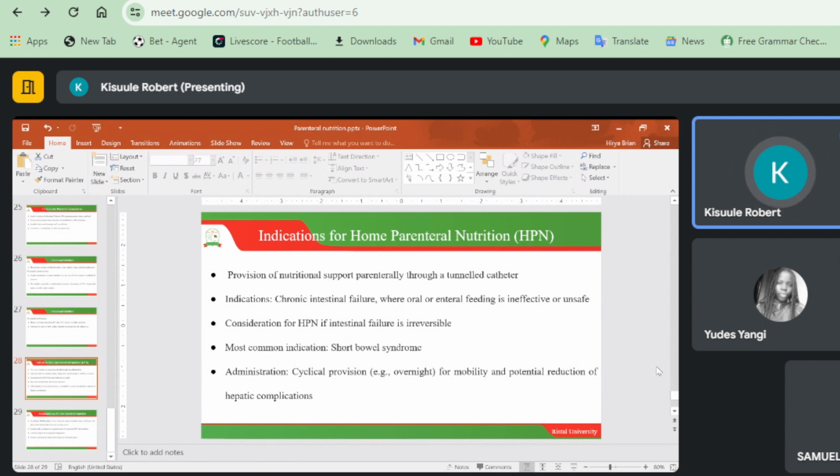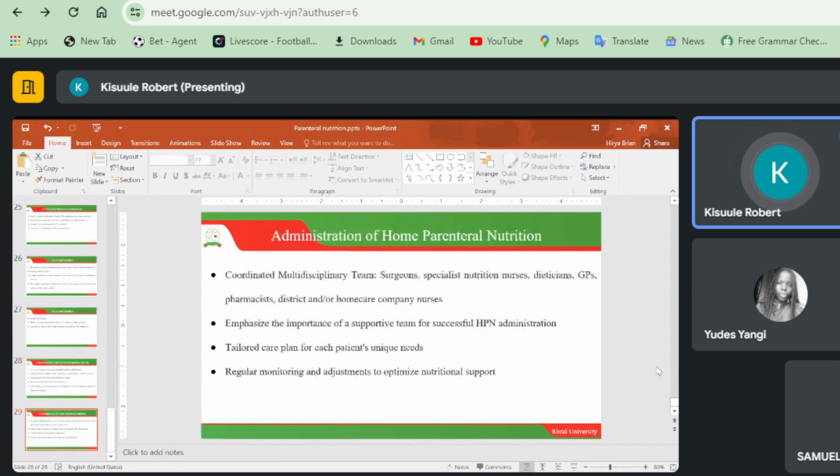So you consider home parenteral nutrition if the intestinal failure is irreversible, where people are having cancer of the intestine, and also, the most common indication, short bowel syndrome. Here we are looking at cyclical provision, given overnight for morbidity and potential reduction of hepatic complications. Overnight, we don't expect a lot of movement to be happening. That's when we prescribe that.